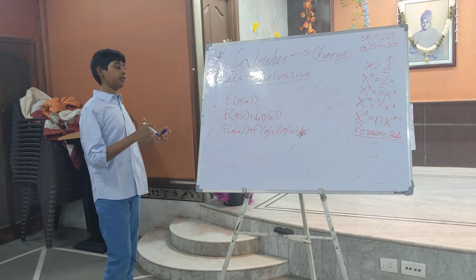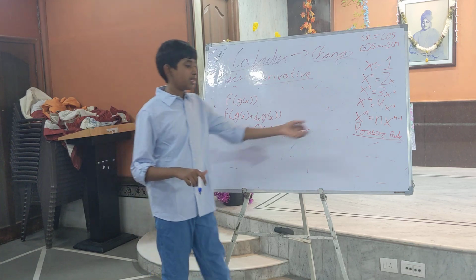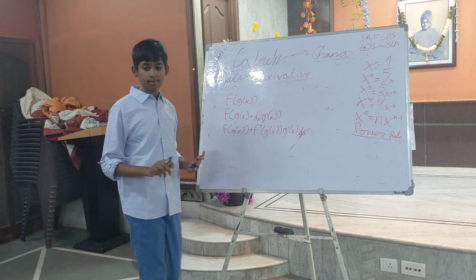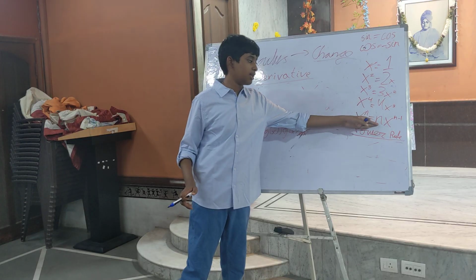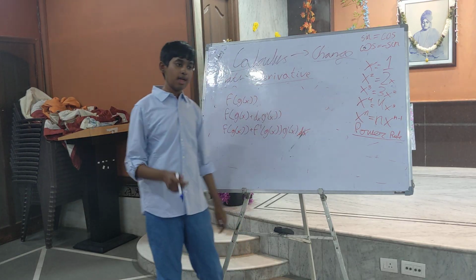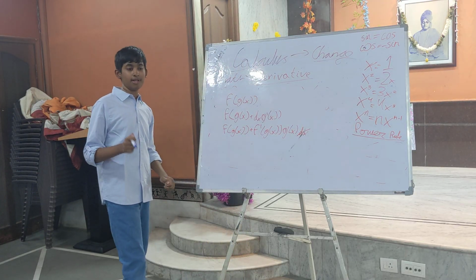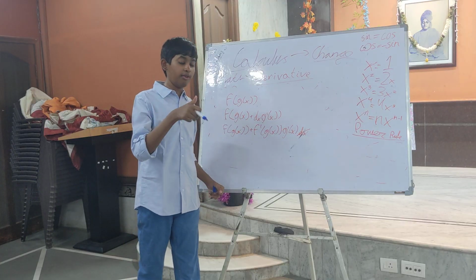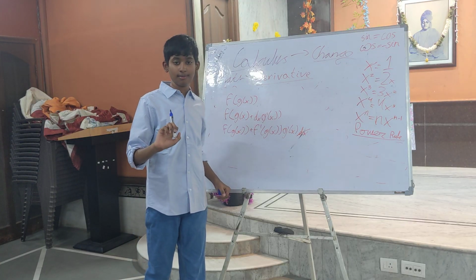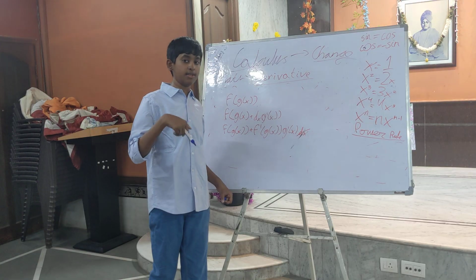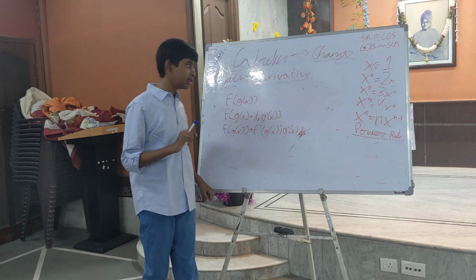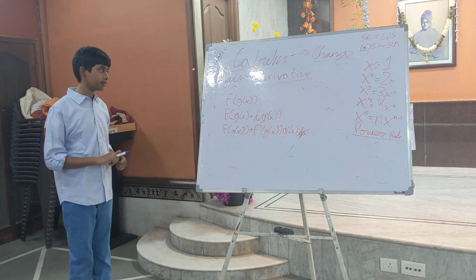So we now have the key rules. What is the power rule? The power rule I've written right here: the derivative of x to the n equals n times x to the n minus 1. And for the product rule, can you remember that thing I told you to remember? What was it? Left d right plus right d left.